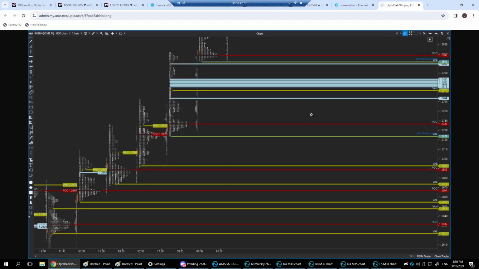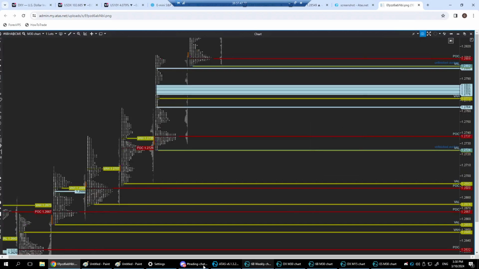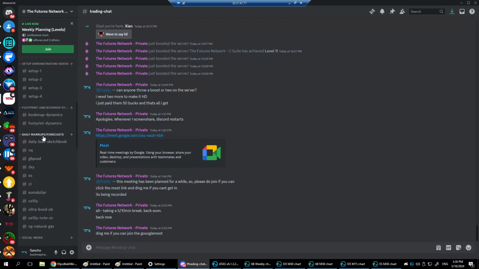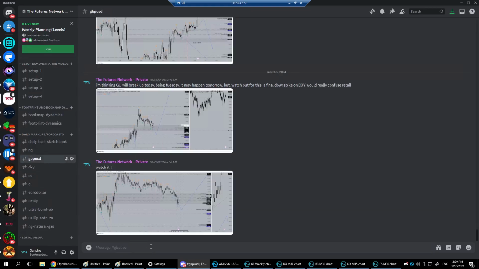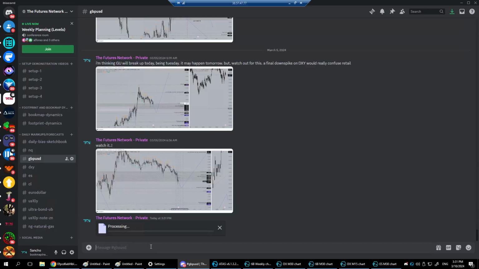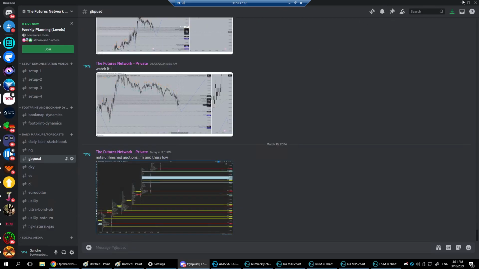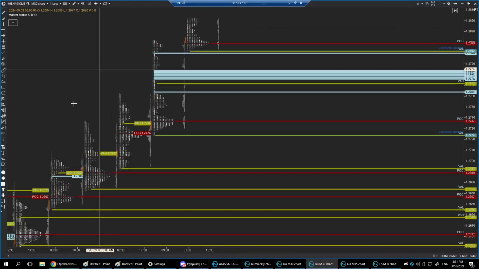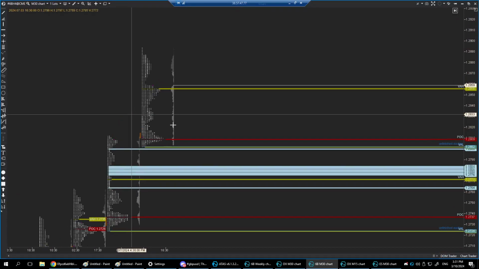Let's take a snapshot of that. Big single print area here.